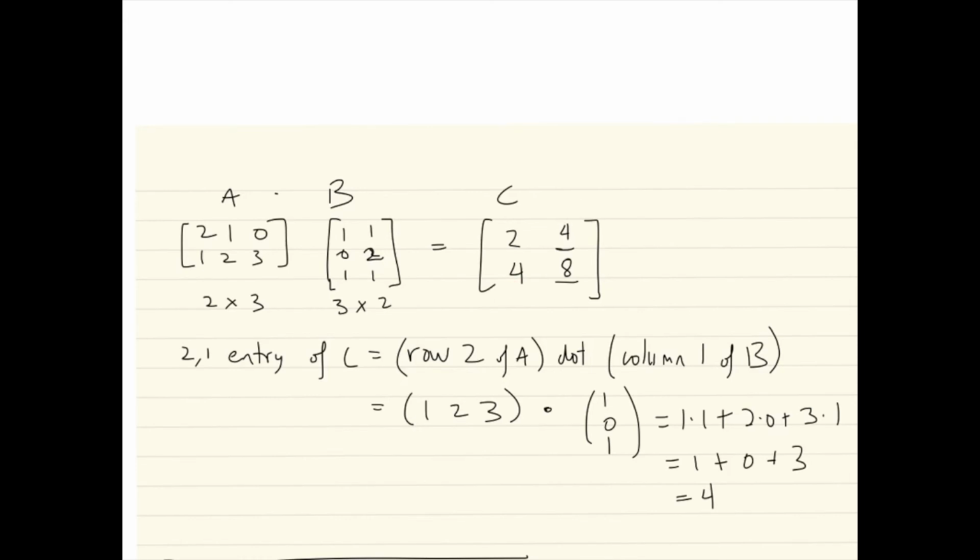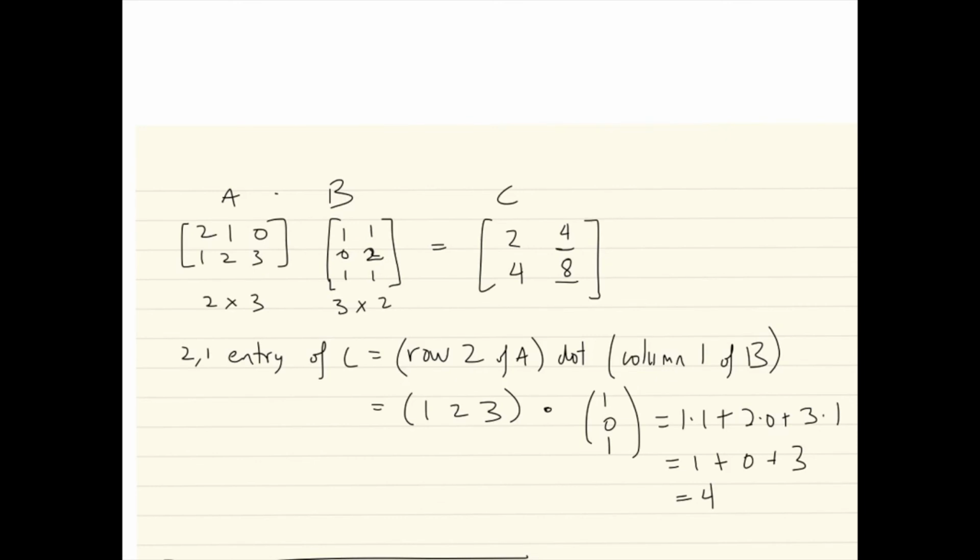And then apparently I've calculated separately 4 and 8. 4 is what is in the row 1, column 2 position; take the dot product, you get 4. And then this 8 is in the 2, 2 position. So row 2, column 2, I would do 1 times 1, 2 times 2, 3 times 1.